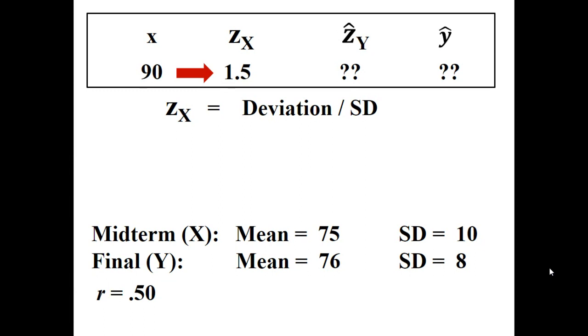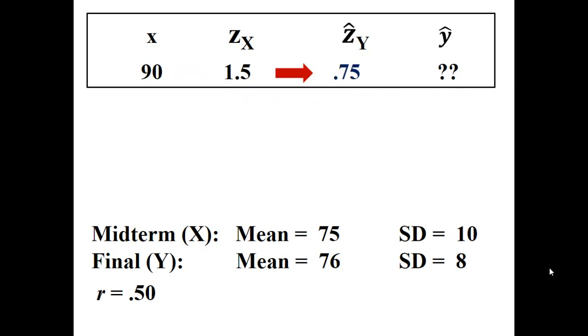Now, why did we transform the raw score into a z-score? There was only one reason. We wanted to be able to use the magic formula. The magic formula is designed to work with z-scores. So that's why we started by taking the raw score and turning it into a z-score.